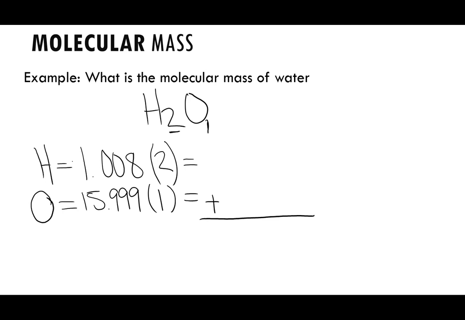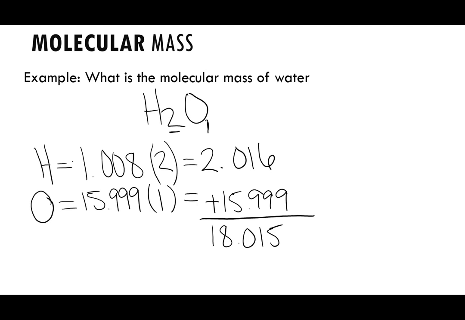So 1.008 times 2 gives me 2.016. 15.999 times 1 gives me 15.999. And I add those together, and I get 18.015.